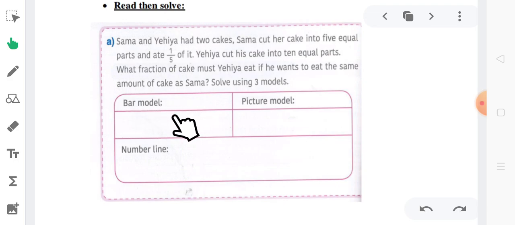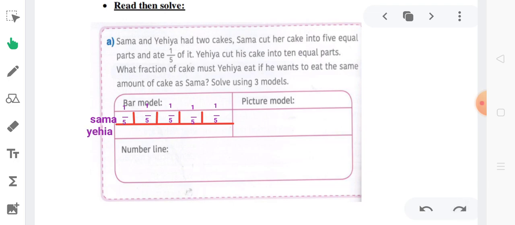I'm going to make the bar model, dividing it first into 5 equal parts. Okay, fifths. She ate only 1/5. This is for Sama.